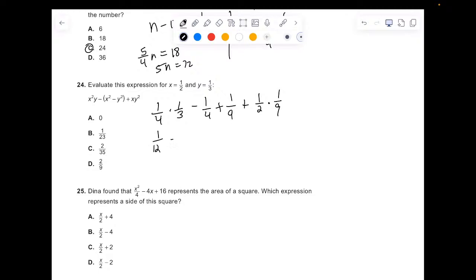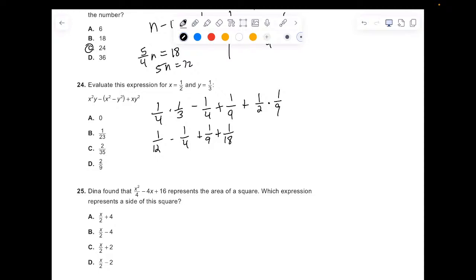1 over 12 minus. Let's just go ahead and put these. Well, we'll see. 1/2 times 1/9 is 1 over 18. And then, what is the thing?